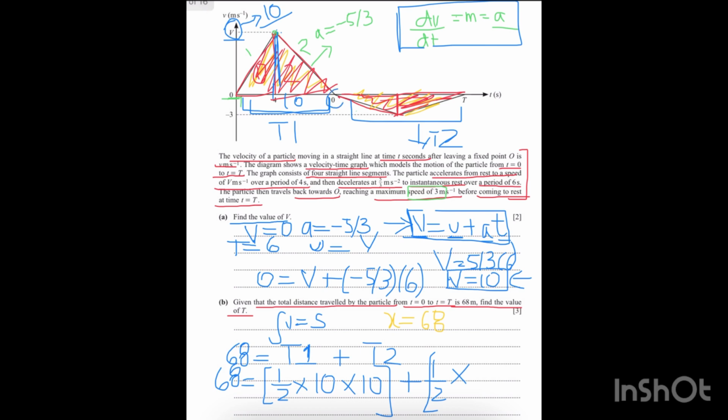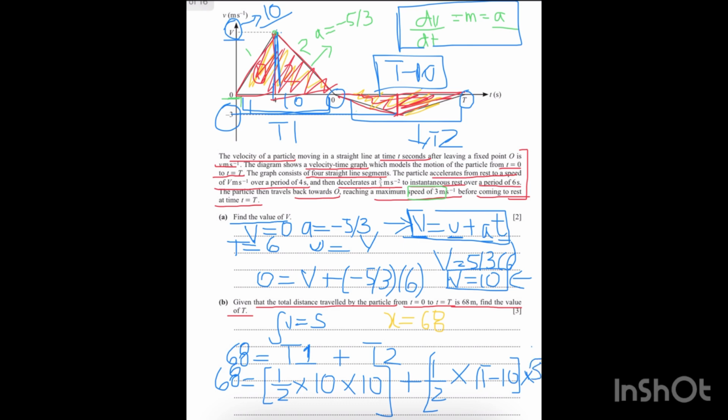So this is 10 over here and this is t over here. That means the base is t minus 10, times the height, which we know is 3.